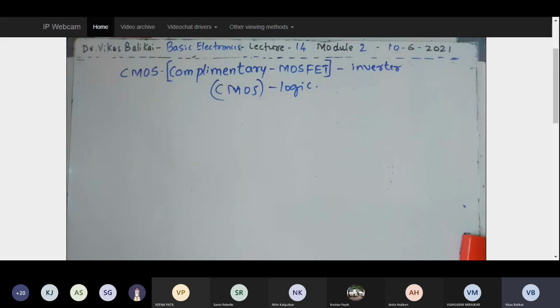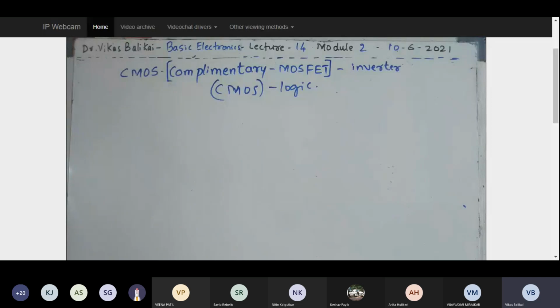Based on this CMOS logic, we can build different digital circuits or digital logics, and these are the most commonly preferred circuits in a variety of bigger applications. First of all, let me tell you what exactly this logic means.